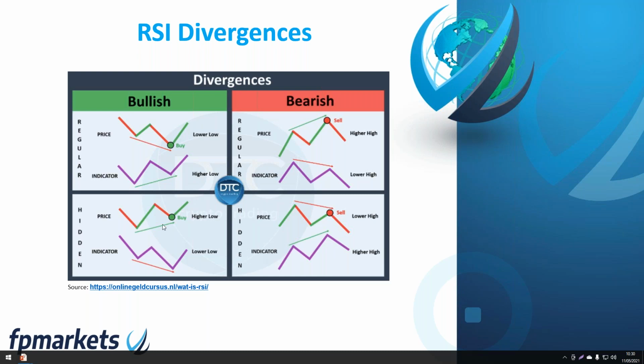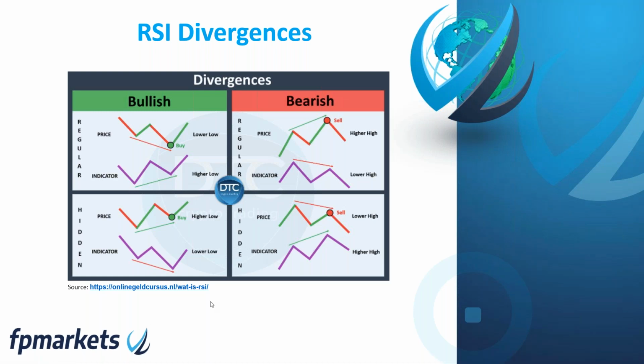This echoes strength in price and offers a continuation signal within, as I said, the prevailing trend. Okay, look, it's important to keep in mind, as I've said, that regular divergences are possible signals for trend reversals, while hidden divergences signal trend continuation. So just click over to the next slide, guys.